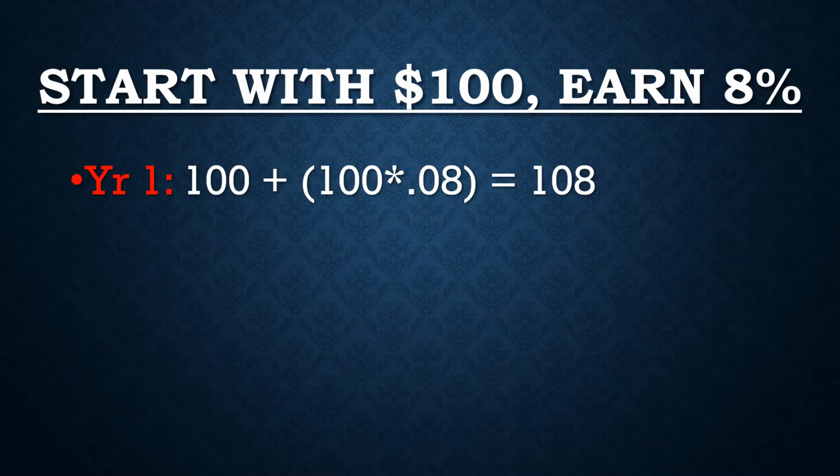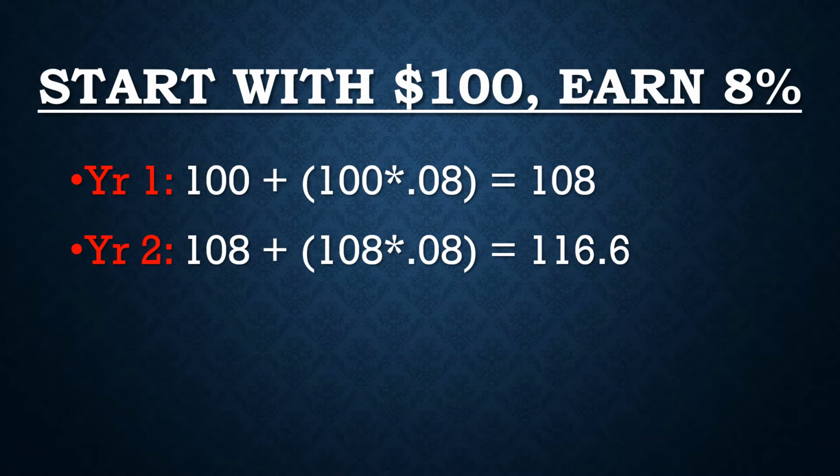Well, 8% of what we put in. So we have the starting point of $100, but then we also get 8% returns on that $100, and we add those two together, which gives us our total of $108. And that's after year one.